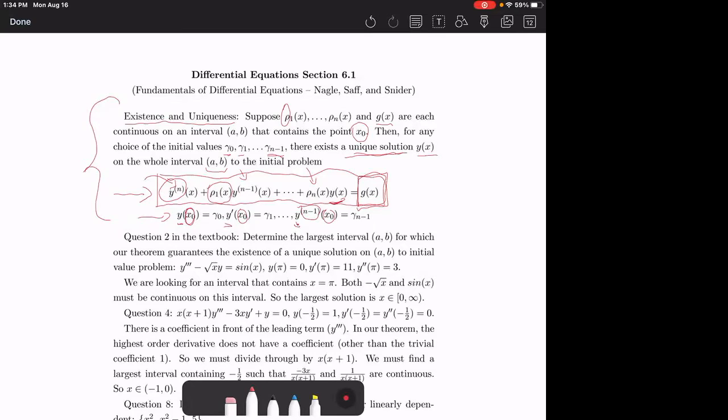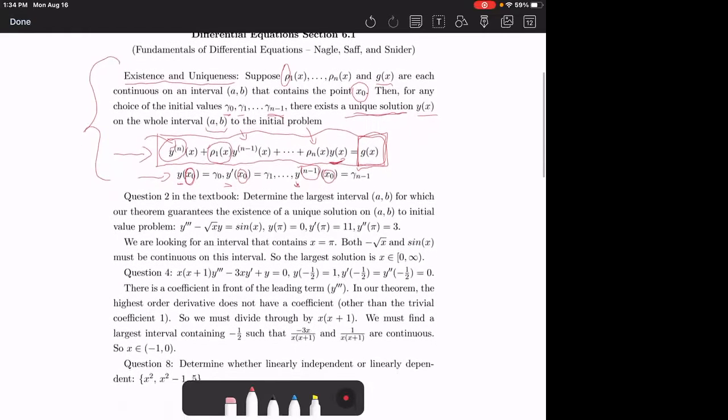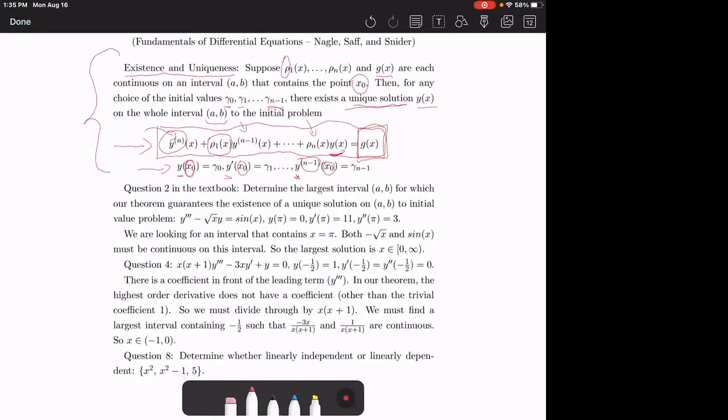So now we're going to look at some of the questions in the textbook using our existence and uniqueness theorem. So question 2 in the textbook says, determine the largest interval a to b for which our theorem guarantees the existence of a unique solution on a to b to the initial value problem stated here.